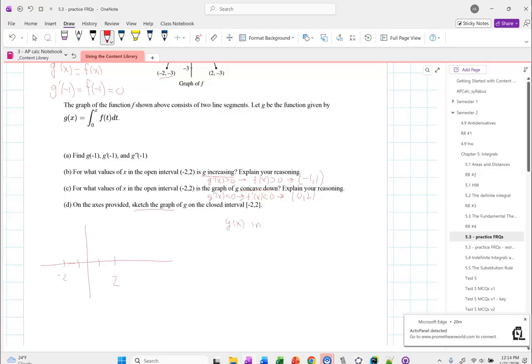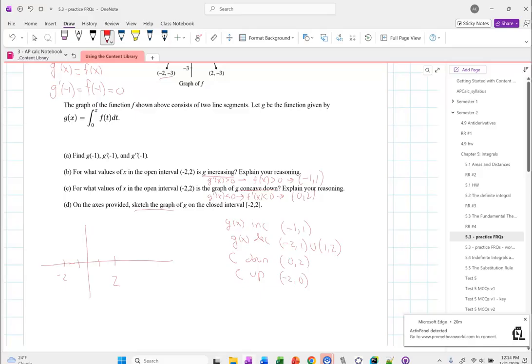I know g of x is increasing from -1 to 1, which means it should be decreasing elsewhere, right? That it's concave down from 0 to 2, which means it should be concave up everywhere else, right? Okay.